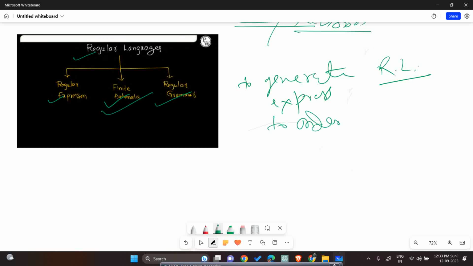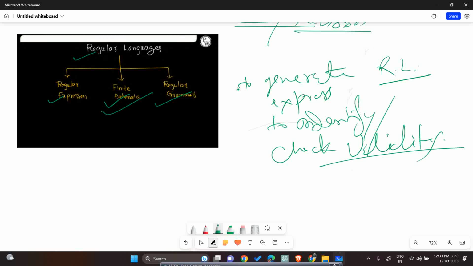To identify, we have to check validity. All right, these are some functionalities of regular language.